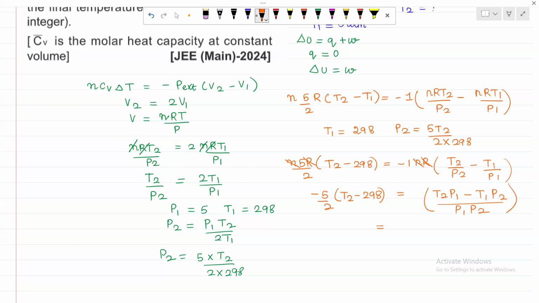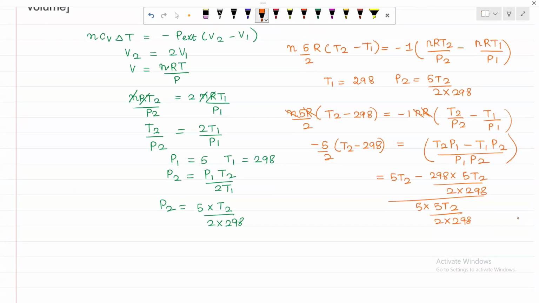So that is equal to what? 5 into T2 minus 298 into P2, where P2 is nothing but 5 T2 upon 2 into 298. Okay, divided by 5 into 5 T2 upon 2 into 298. Okay, so we just cancel this out.